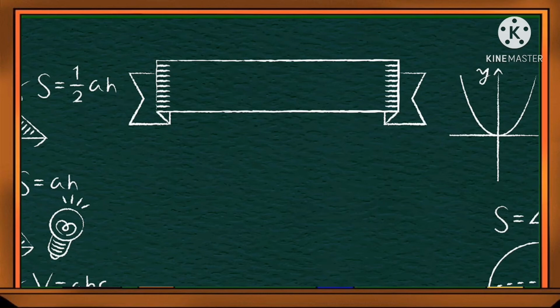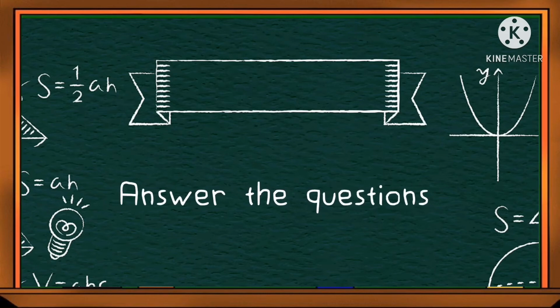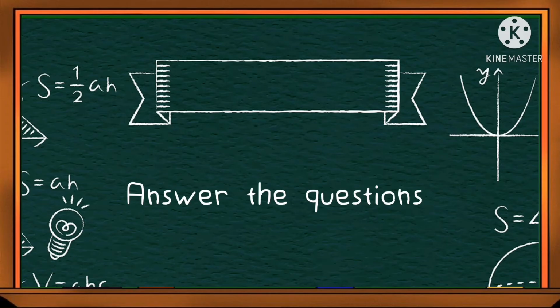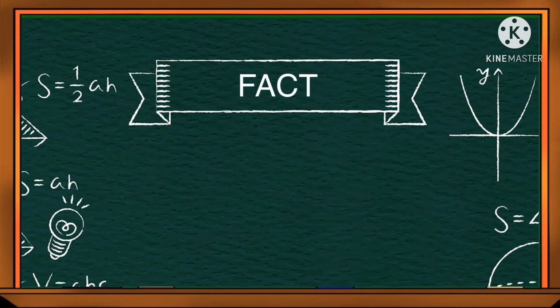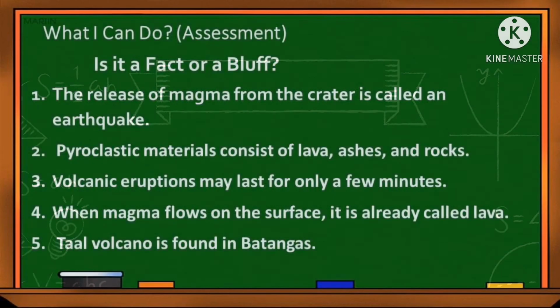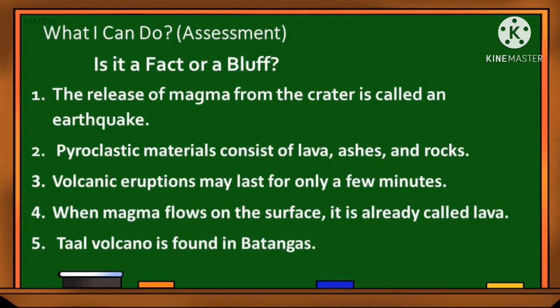For our assessment, you are going to answer the questions that I am going to give to you if it is a fact or a bluff. Number 1. The release of magma from the crater is called an earthquake. Is it a fact or a bluff? 2. Pyroclastic materials consist of lava, ashes, and rocks.